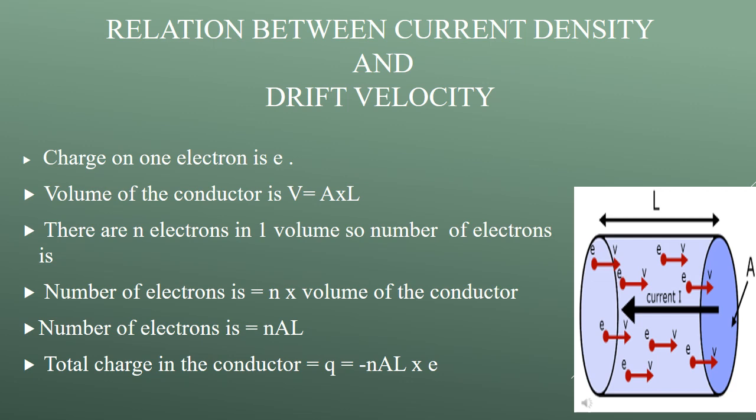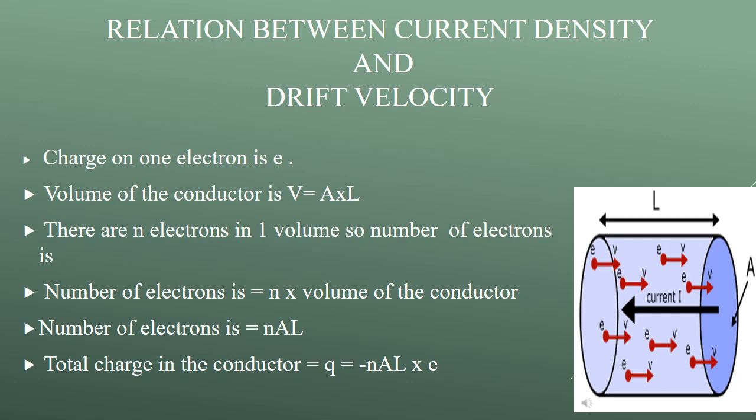The charge on one electron is e. Now the number of electrons in the conductor having length L and area A: the volume becomes A into L, which is length into breadth, and in one unit volume there are n electrons. So the number of electrons is n into volume, which is nAL.